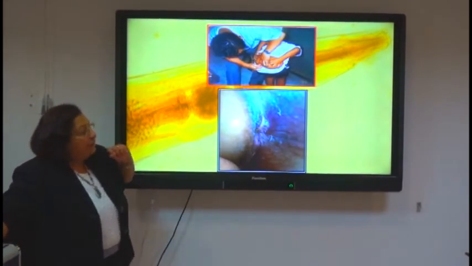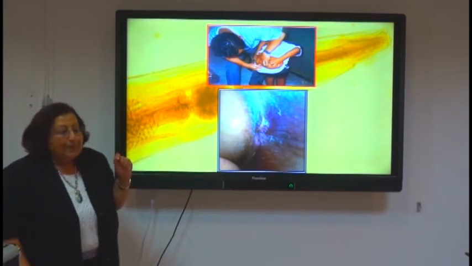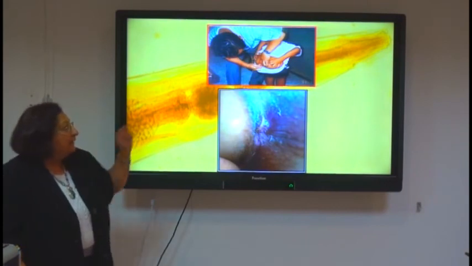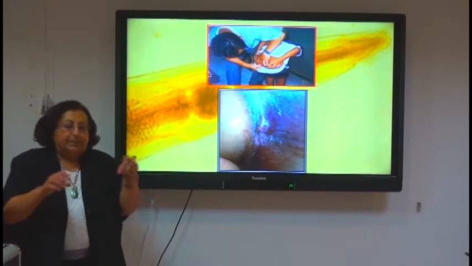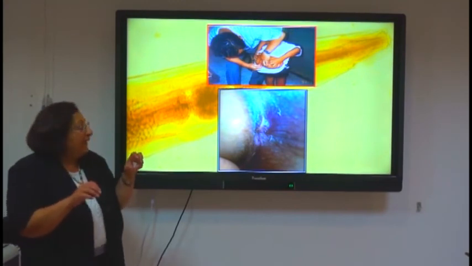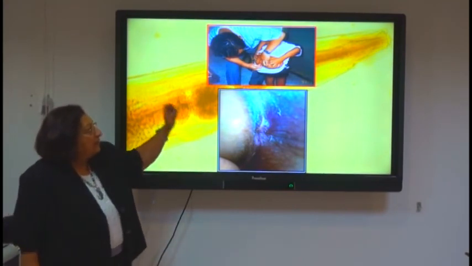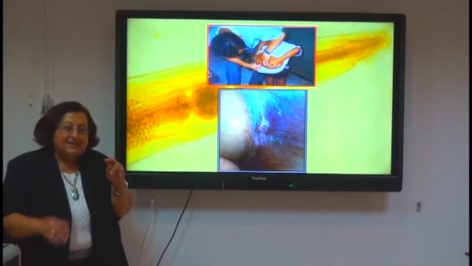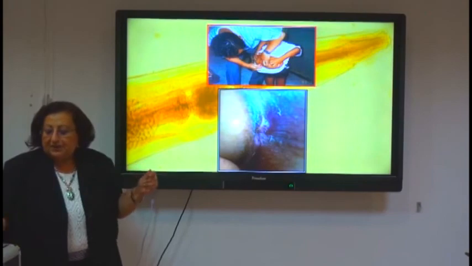What is this man doing? There is a special technique to examine the eggs, and this is taking a piece of Scotch tape, cellophane tape, and putting it around the anus several times so that the eggs can adhere to the Scotch tape.